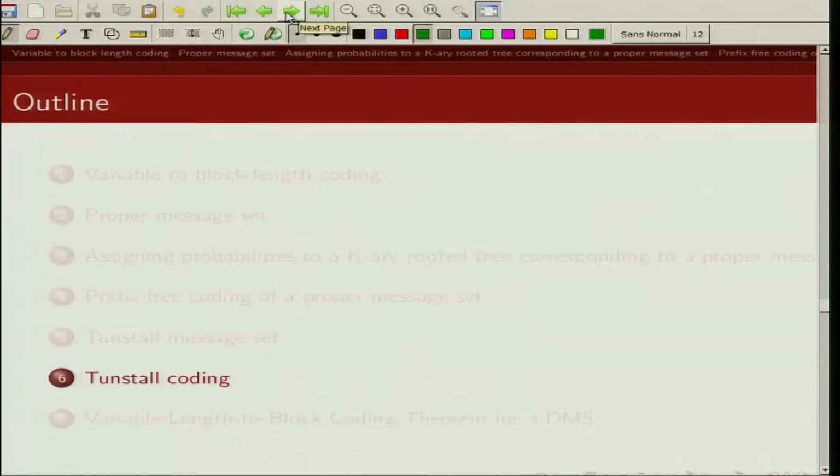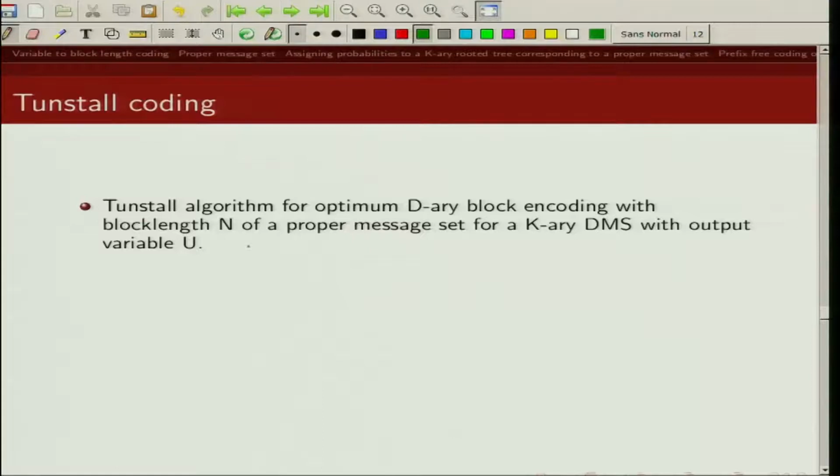So now that we have described how to parse our source into a proper message set, let us explain how we can use this Tunstall message set to do our variable to block length coding. So we are interested in optimal variable to block length coding. Our output code words have block length n.